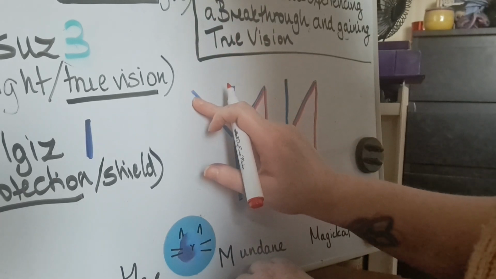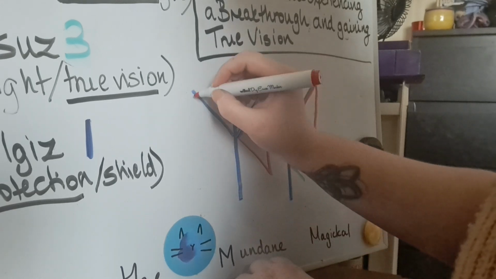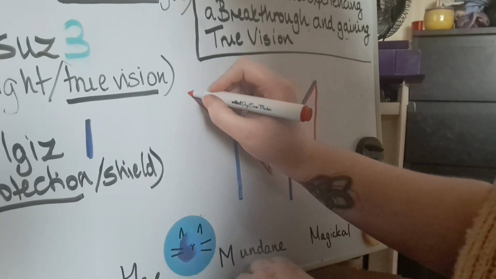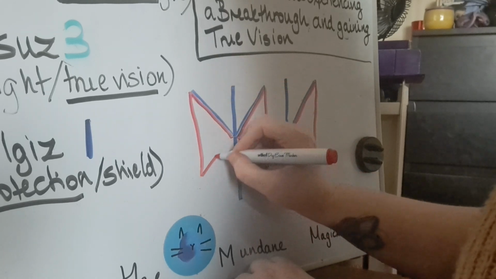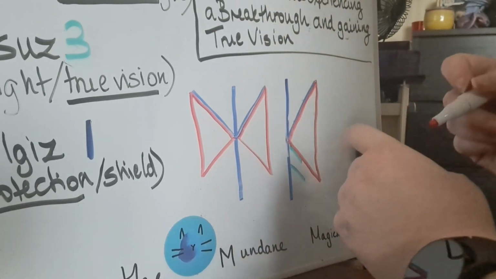Because it's both. Here. See, I can't draw a straight line. That's wonky as all heck.